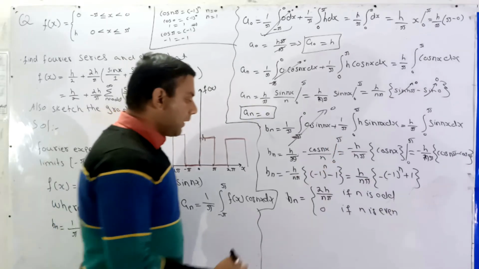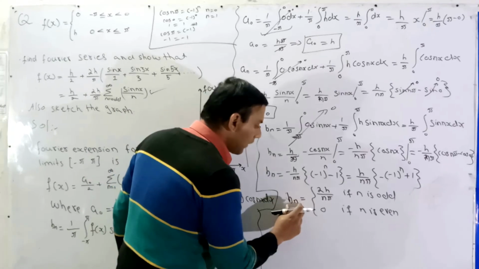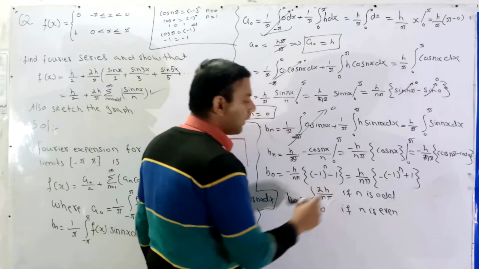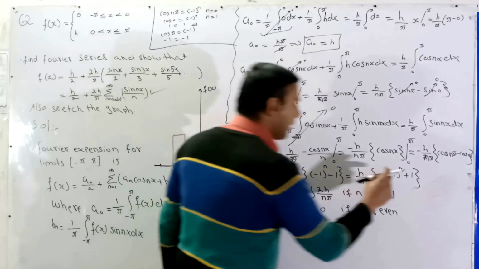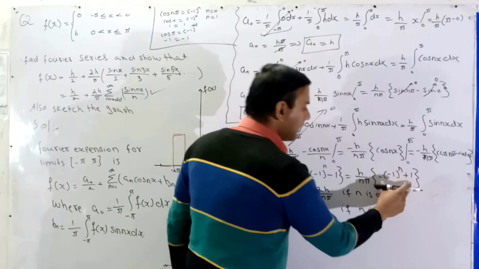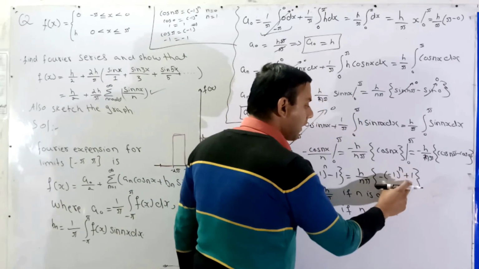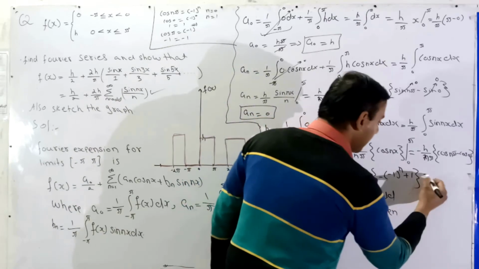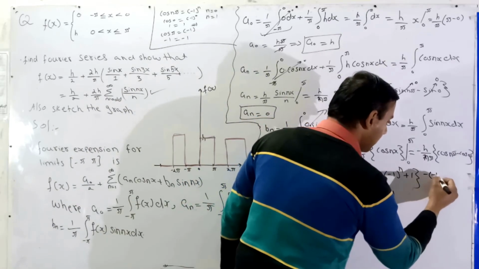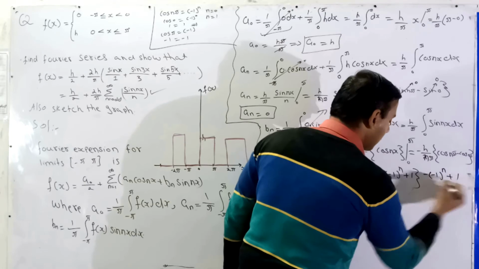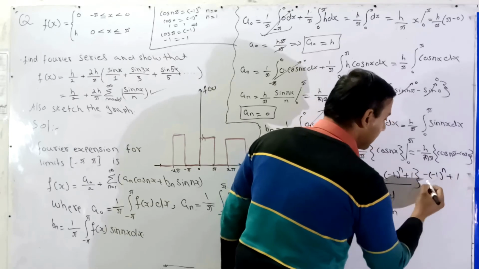Now I will explain how we can write the value of bn like this. When the value of n is odd, this function will give us 2. How? I am talking about minus 1 minus into minus 1 raised to power n plus 1.